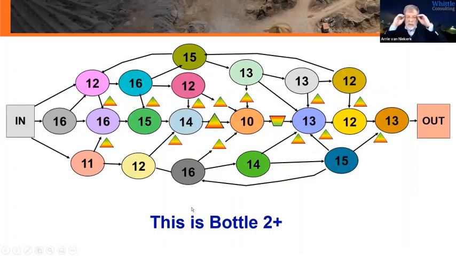And this is the bottle 2 plus design. You can see the bottleneck is very well protected in terms of flow, maintenance, spare parts, operators, and downstream. So this system is set up to serve the bottleneck and make the bottleneck work. And this is the ultimate flow system where the bottleneck will get to its maximum utilization and capacity output.